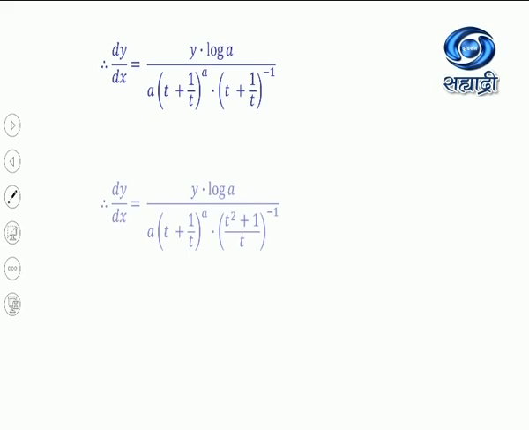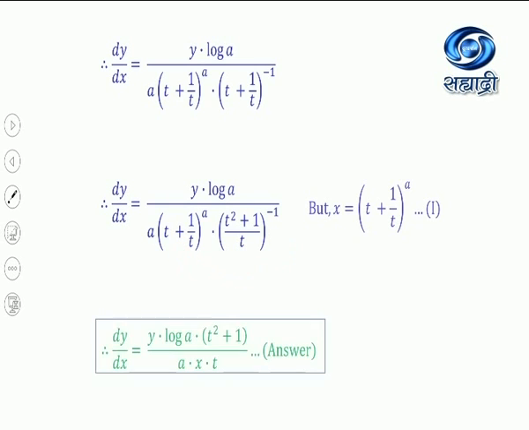So our next step is dy by dx equal to y into log a as it is. Now bracket raised to a. Now take this cross product, t into t, t square plus 1 upon t. And now we know that x equal to this, so this is equal to x. Here we put this equal to x. So what do we get?